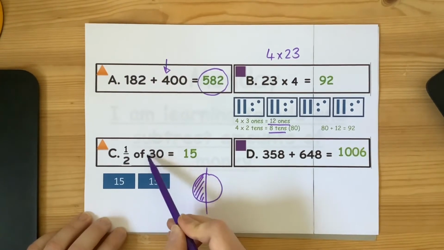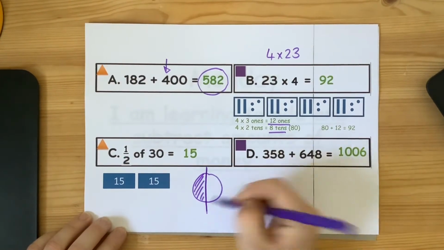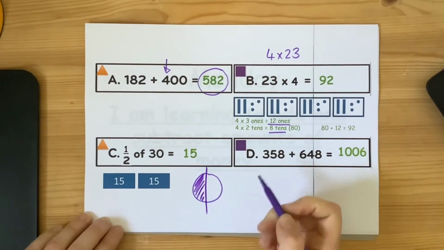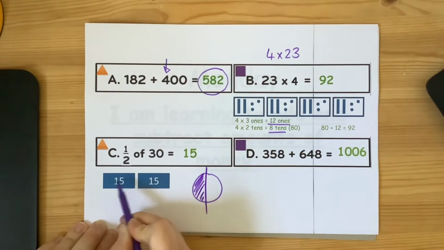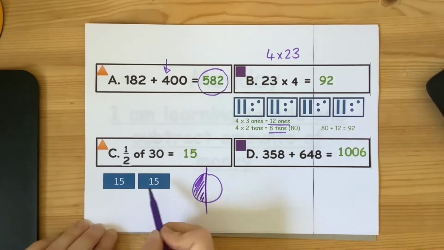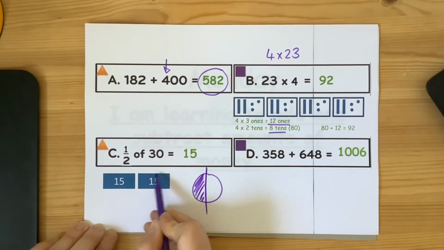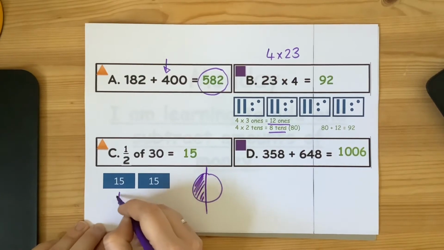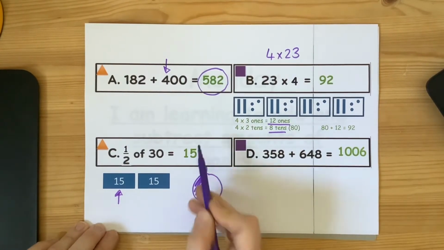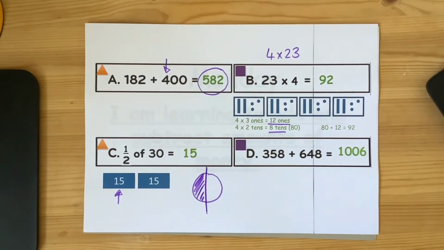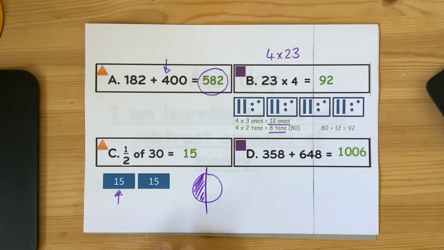I'm cutting my number into 2 equal pieces and looking at one of those pieces. So I make my 2 parts and I share my 30 equally until I've used all of them. And that leaves me with 15 in each part. Then I look at one of them to find one of the 2 parts, and that is 15. So I know that half of 30 is 15.